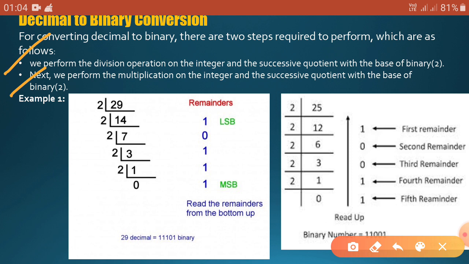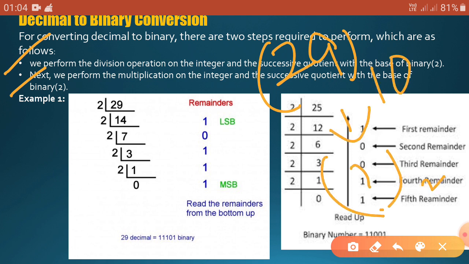So we are taking one example, 29. Suppose we have to convert 29, which is in the decimal number system, into the binary number system. In the binary number system the base is 2.